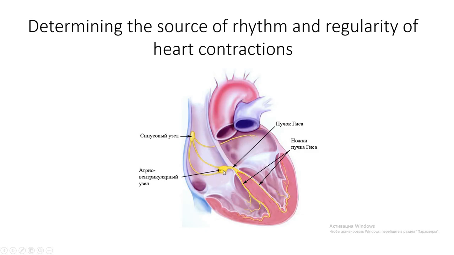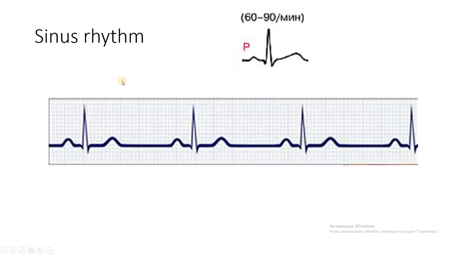AV node has 3 parts: up part, middle part and down part. All parts can produce impulses, and sometimes the ventricle also can produce impulses, and there are ECG signs of these ectopic rhythms.